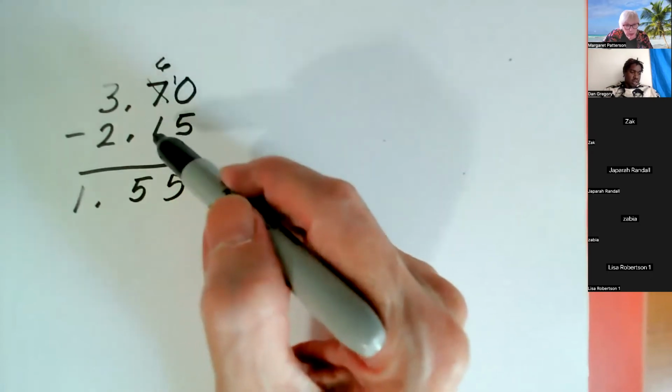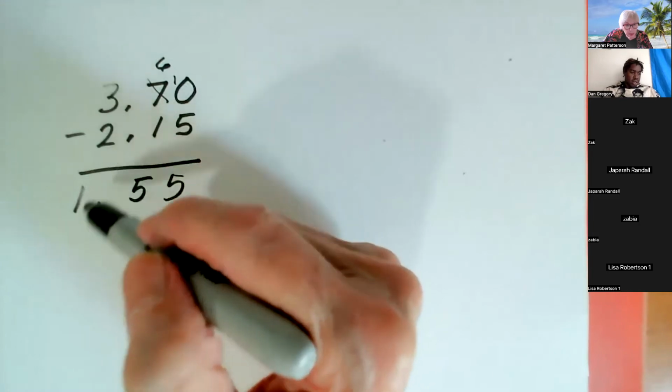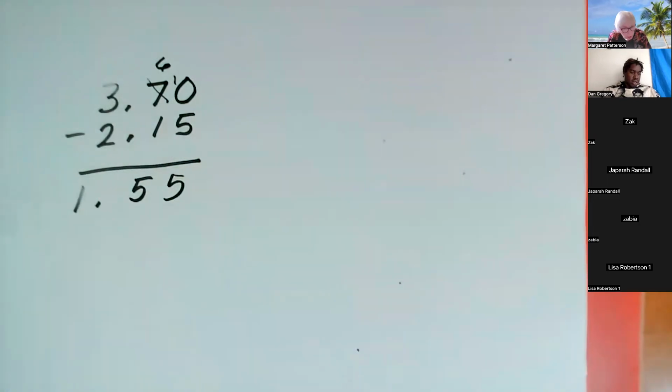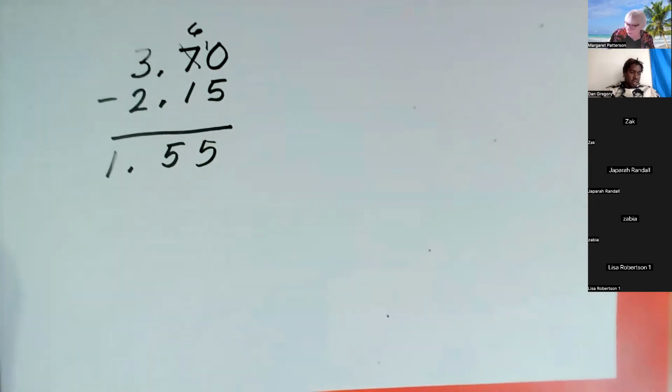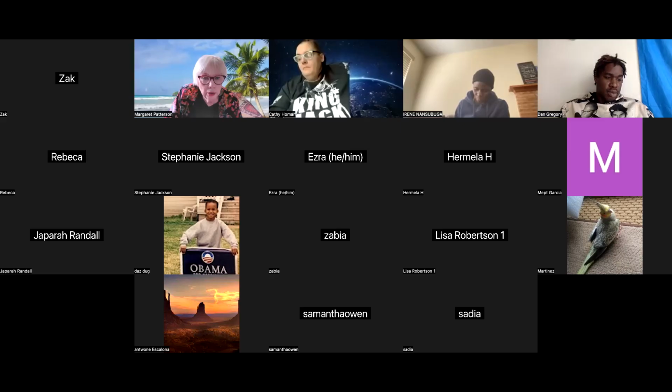So then this is 6, take away 1 is 5, and then 3 take away 1 is 1. So $1.55, if you think of it in terms of money. Is that okay? So I added this 0 to make it look more normal. Questions? Nope. Okay.